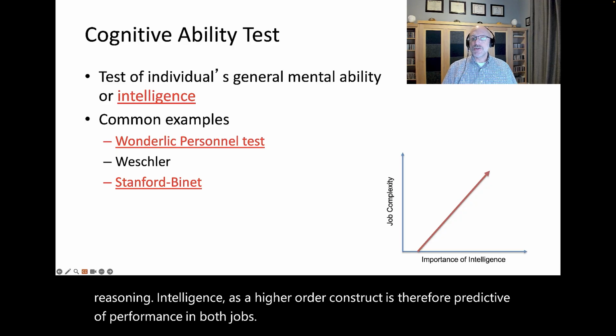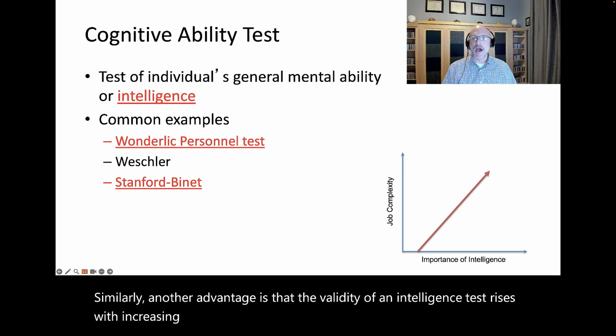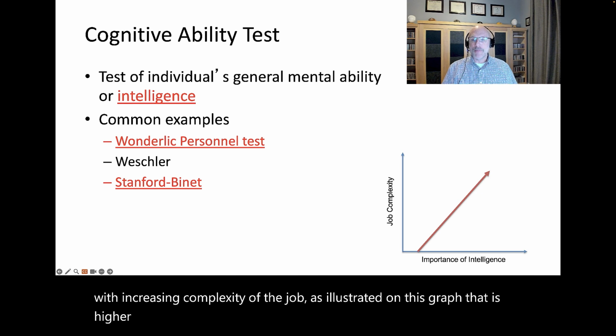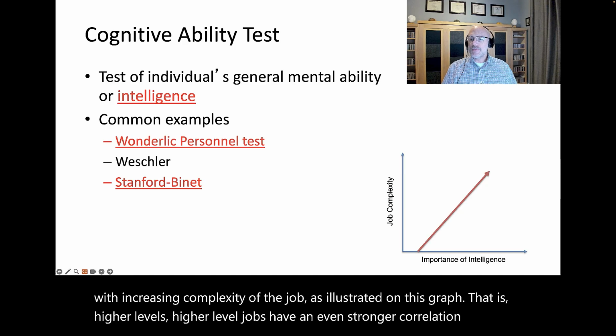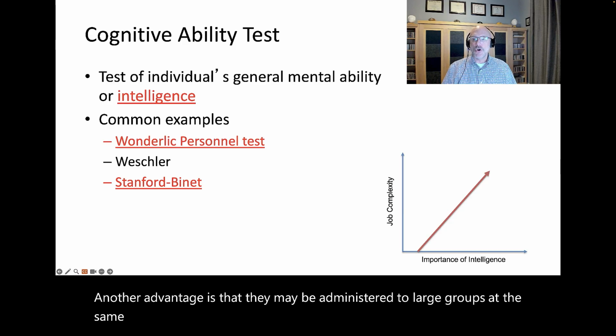Similarly, another advantage is that the validity of an intelligence test rises with increasing complexity of the job, as illustrated on this graph. That is, higher level jobs have an even stronger correlation with intelligence. Another advantage is that they may be administered to large groups at the same time, thus lowering costs.